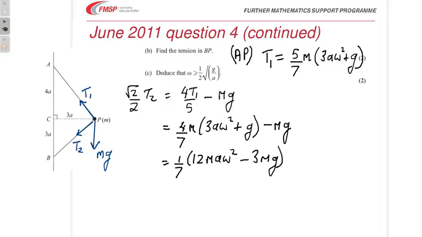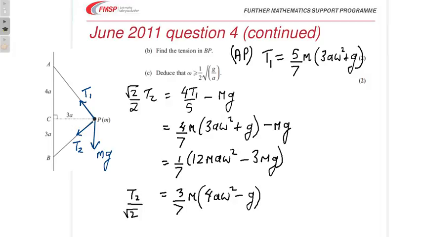We can take a 3 out of that, so we get 3/7 m into 4a omega squared minus g, and that's T2 over root 2. Let's write that, instead of root 2 over 2, as T2 over root 2.